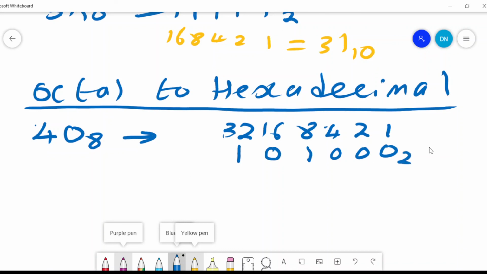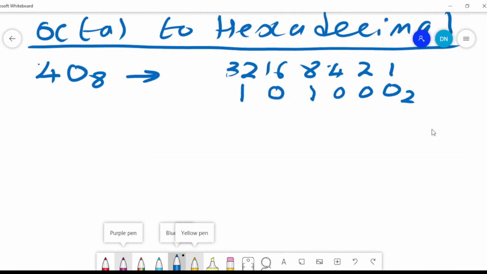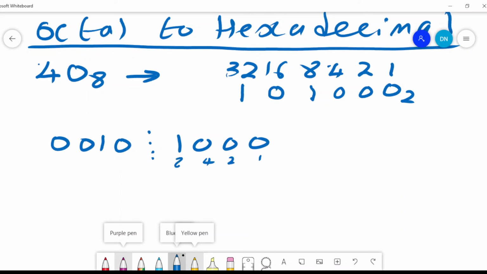Because I want to move from a number that is octal to hexadecimal, then I can take this number and separate it into 4 bits. This is 1, 2, 4, 8. So this is 2, 8 is equal to 28 to base 16.